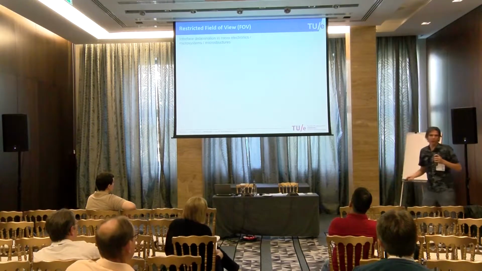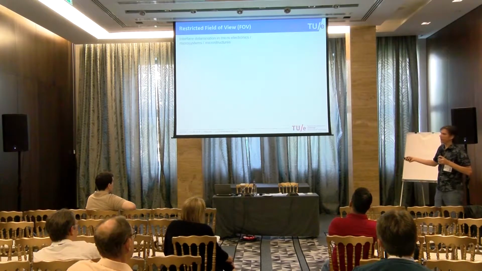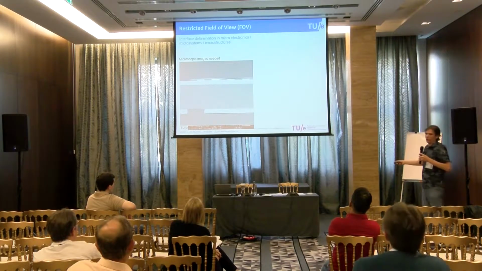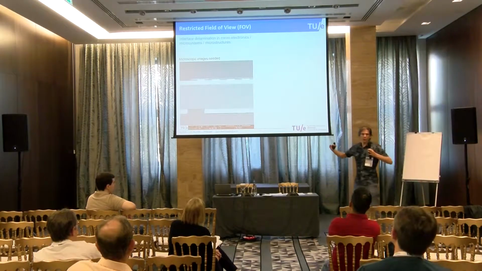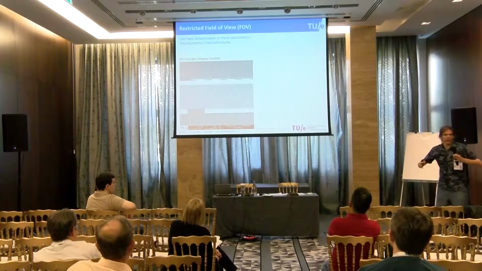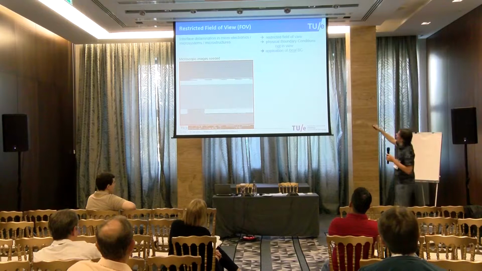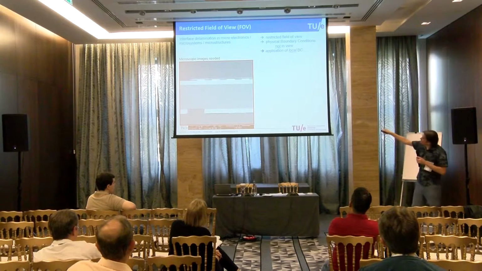This is a powerful scheme. In many cases we have shown this, but here we really want to look at when we have no access to the forces. For instance, we're looking at a microscope and we see some deformation and a delamination. We have a restricted field of view, the physical boundary conditions are not in the field of view, and so we need to apply local boundary conditions.